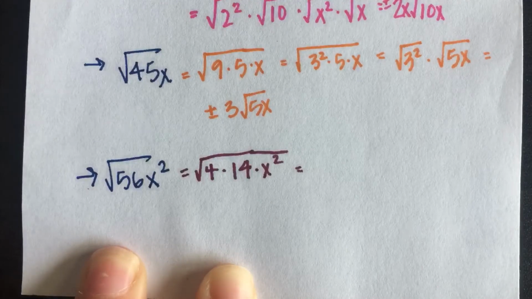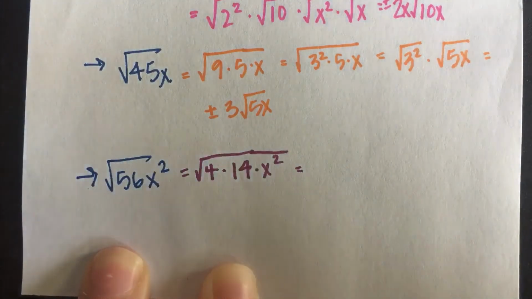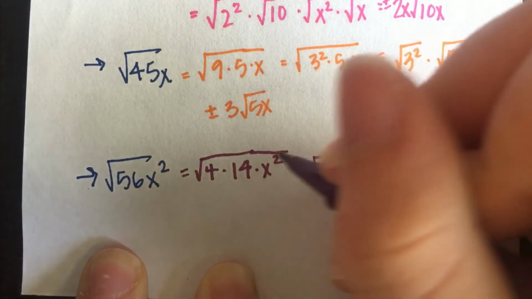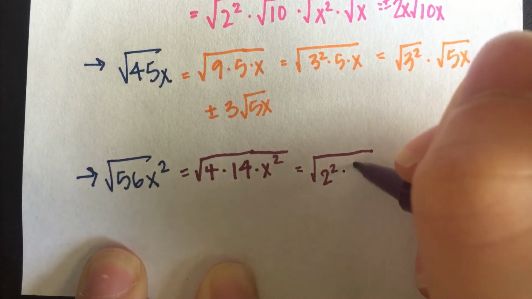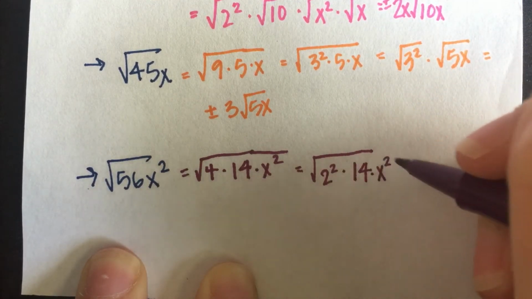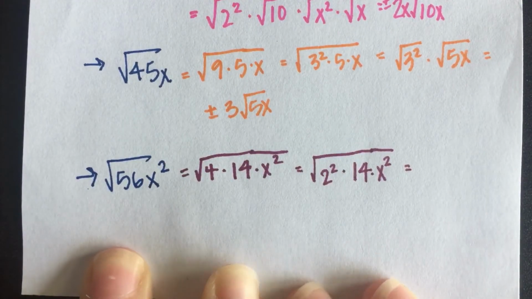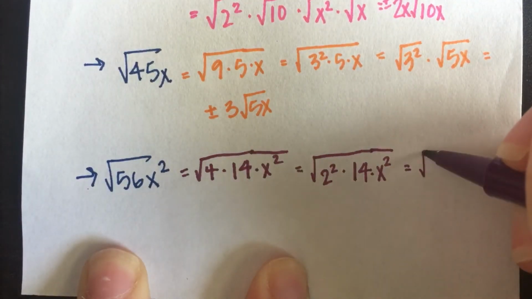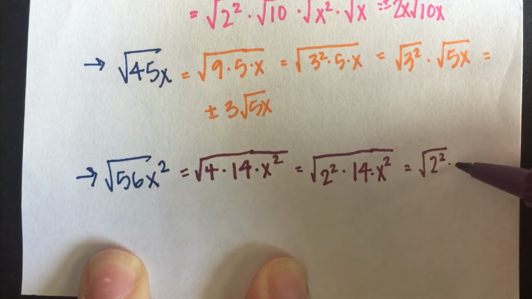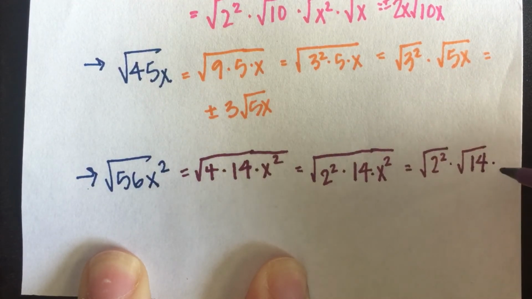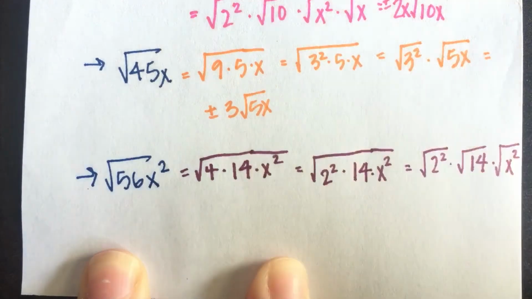Now, since 4 is the same thing as 2 squared, I'm going to substitute in 2 squared times 14 times x squared. And then we're going to break apart this multiplication. So I can take the square root of 2 squared times the square root of 14 times the square root of x squared.